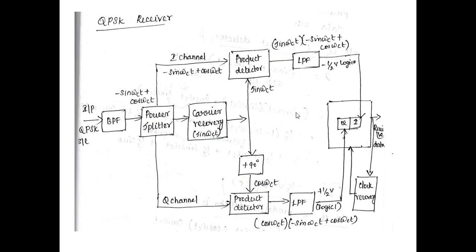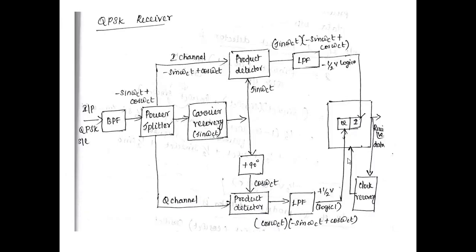Then the low pass filter selects the portion for our desired logic, and then we collect these two logic outputs for quadrature phase and in phase, and the output comes in this fashion, Q and I. So here we receive the data as dibits, and here is clock recovery for synchronization purposes.